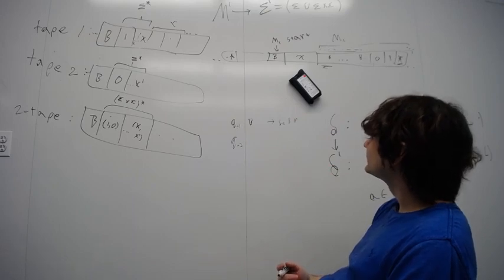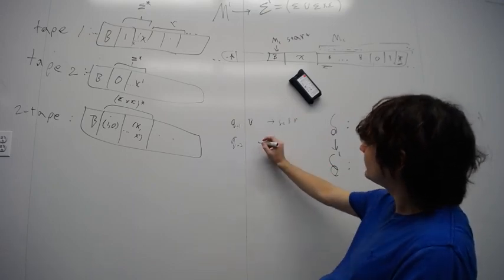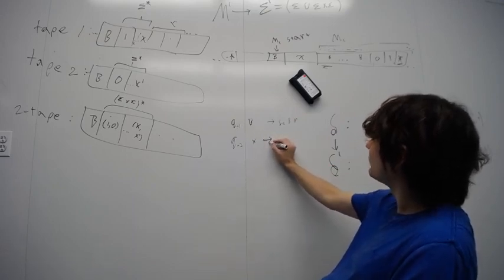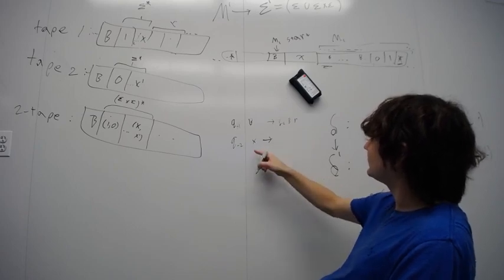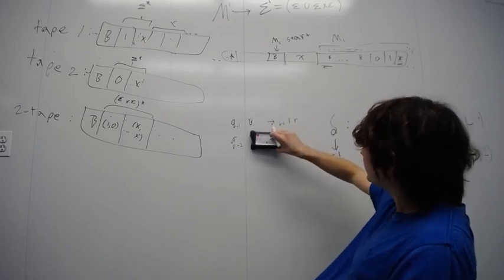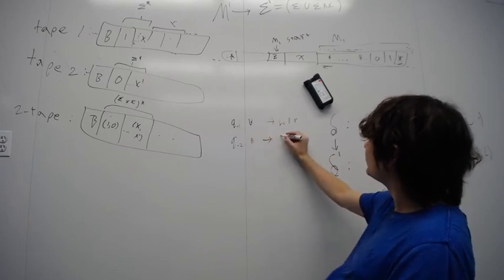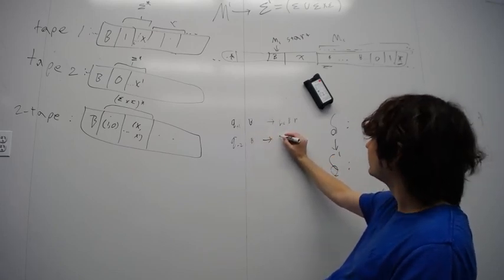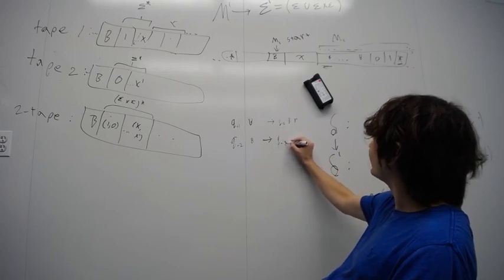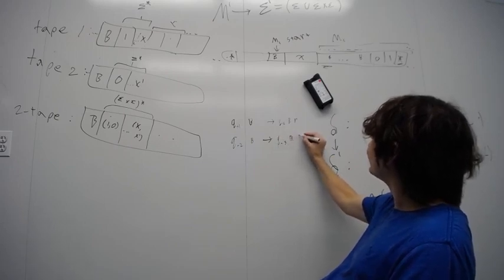Okay. Q -2, what does it do? If it sees a blank, then we have to move to Q -3, and then write a blank, right? Exactly.